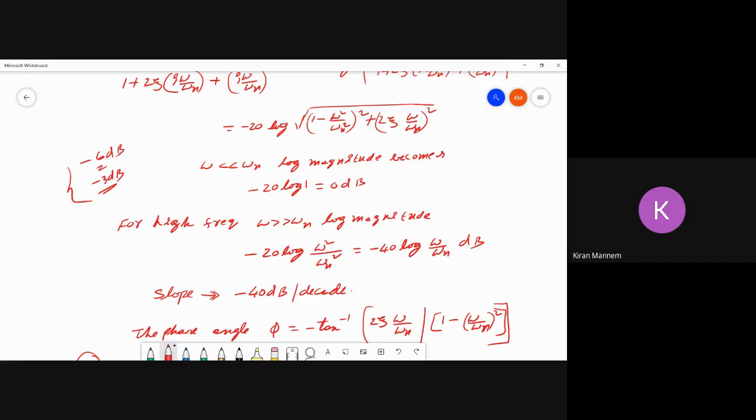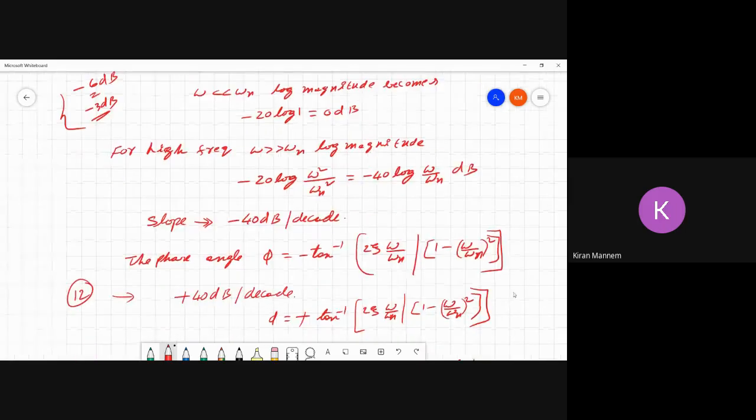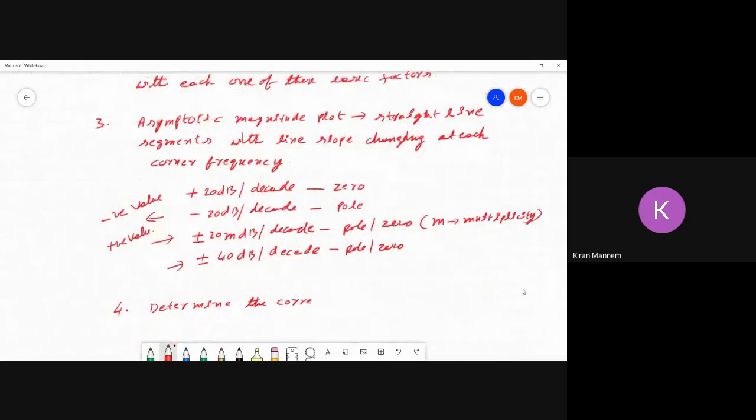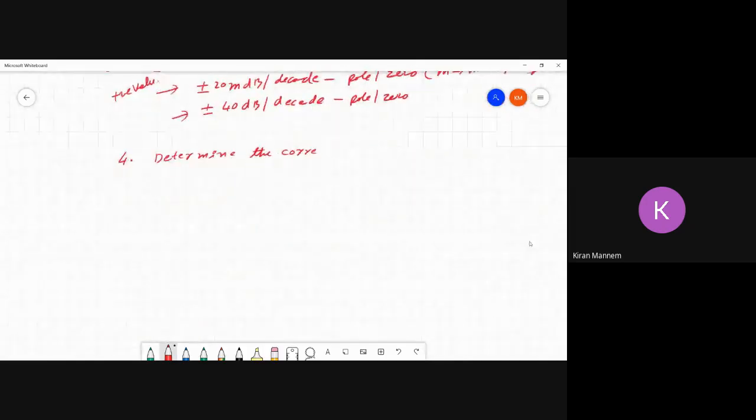So these are the correction values for the quadratic poles. So determine the corrections to be applied, right, to the asymptotic.